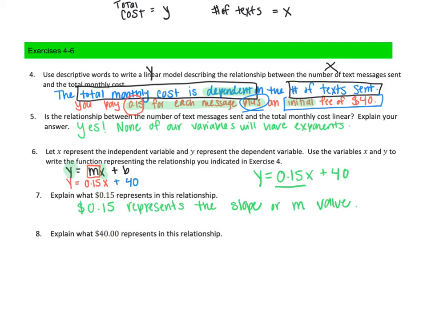And explain what $40 represents in this situation. $40 represents our y-intercept, or we call that our b value. Okay, y equals mx plus b. Our m is 15 cents, our b is $40. Okay, please make sure you have this down and we will continue on.